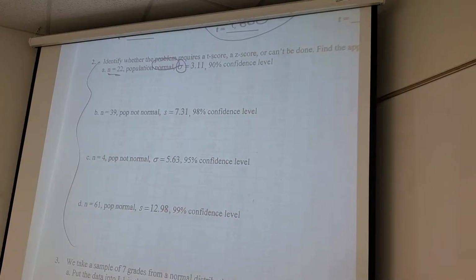Of course I'm going to use that bad boy, right? I only have to use T-scores if it's only S that I know. Right? So then somebody always is like, well, why do they tell me what S is in this problem? Because I can always calculate that from a sample. They just told you what it was. We're the people, we're not the problem, we're the humans. We go, that's a nice problem, I know sigma, I'm going to use it. Okay, maybe.